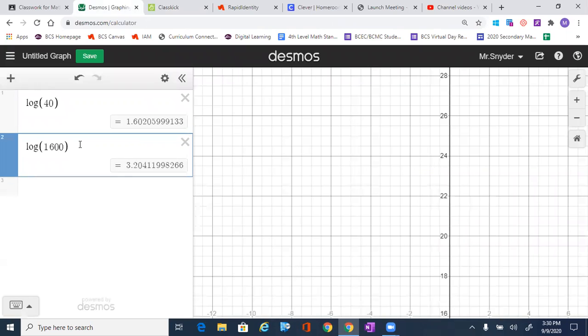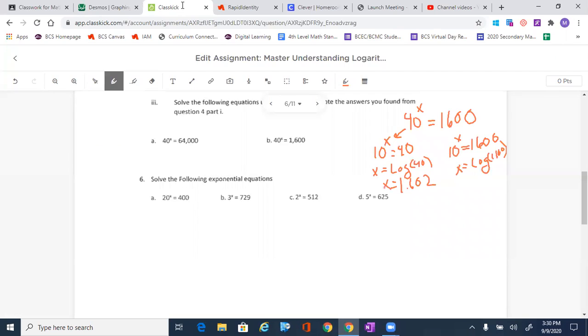And that is 3.204. So x equals 3.204. And what I really have here is 10 to the 1.602 equals 40. And I have 10 to the 3.204, which is equal to 1600.